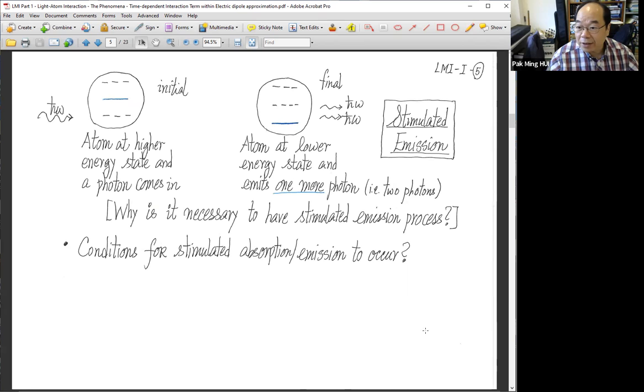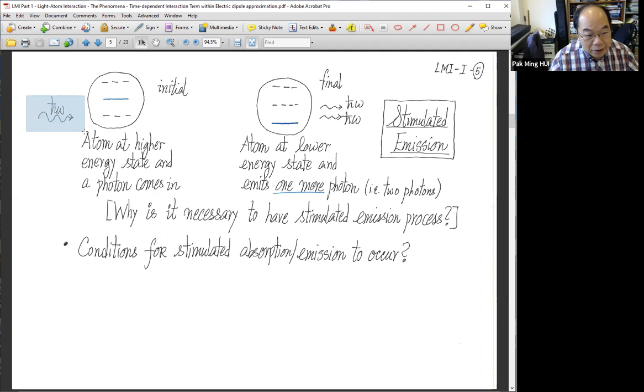Similarly, it so happens that there is a process called stimulated emission. It's very similar to what we just discussed. So initially, the atom is in some higher state. An incident light comes in, and then a bit later, the atom is found in a lower energy state. Instead of absorbing the light, it even gives out one more so-called photon of energy h bar omega.